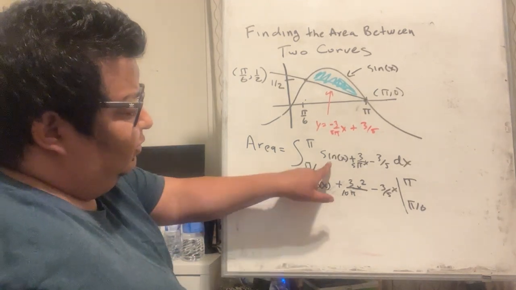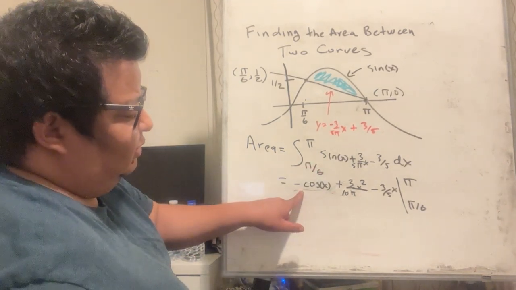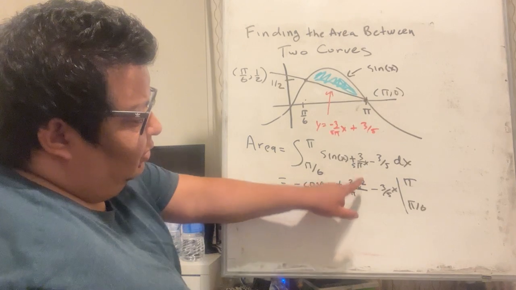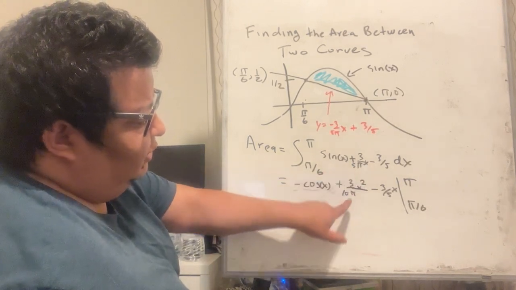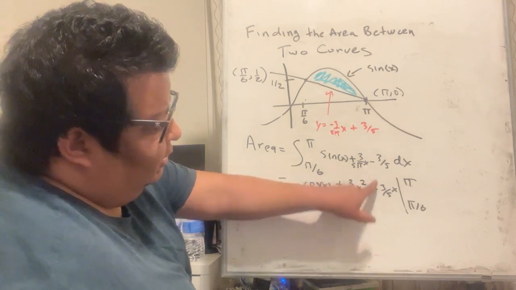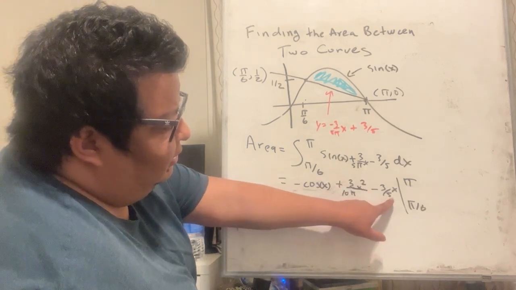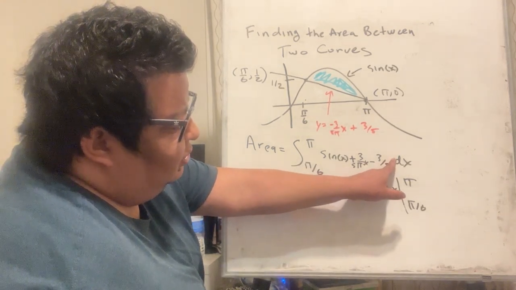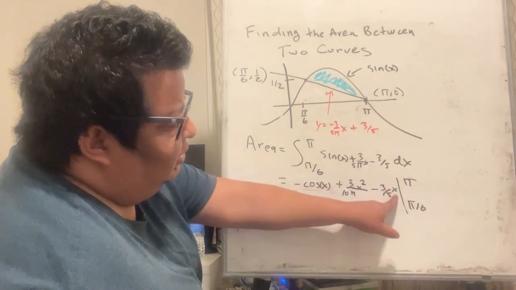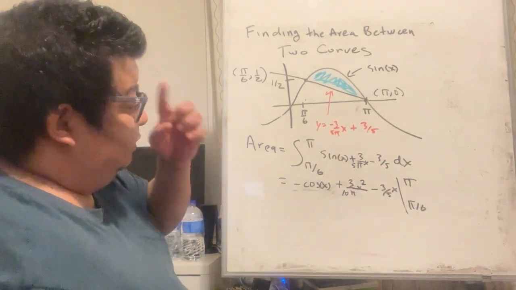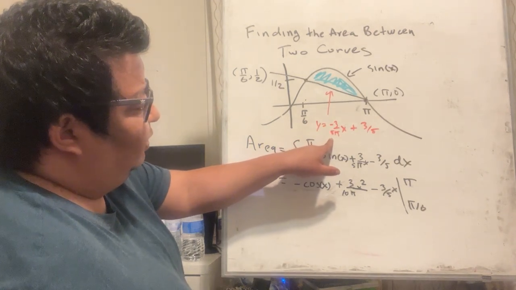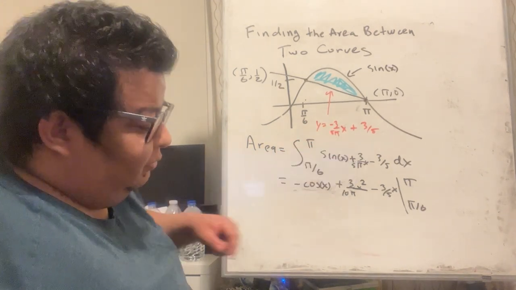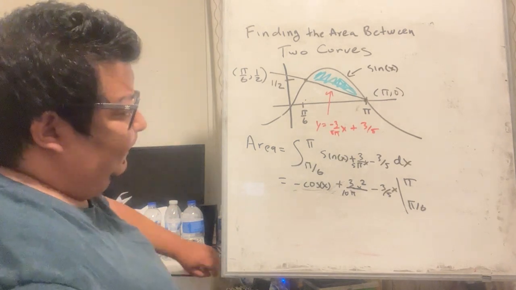The antiderivative of sine is negative cos, then x squared over 2, so when we multiply 2 times 5, that gives us 10. Then for 3 over 5, the antiderivative is x, so that's good.